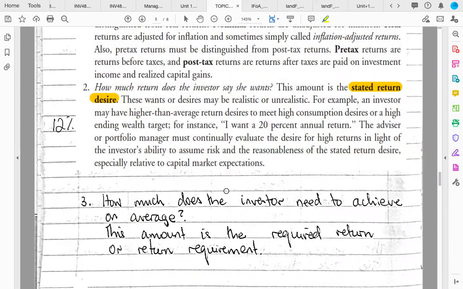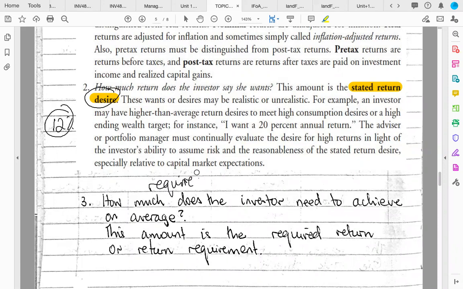That's what I would want. But like we saw with the investor's willingness to take on risk, what you desire is not always what's possible. So after considering what the investor would desire, we then actually have to determine what does the investor actually require.